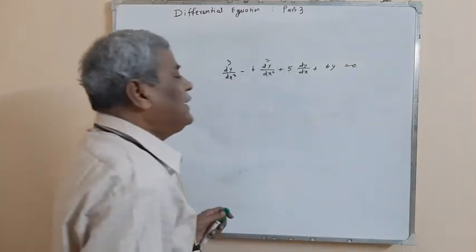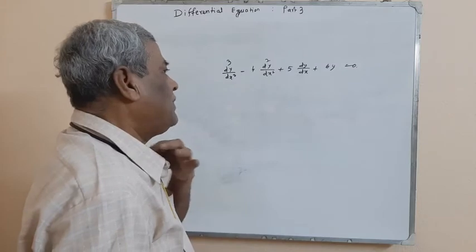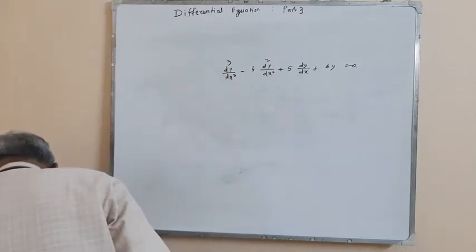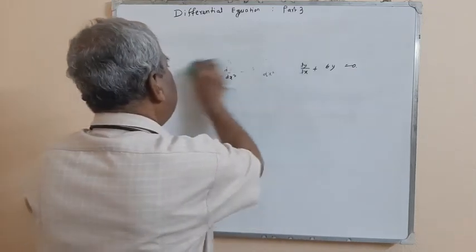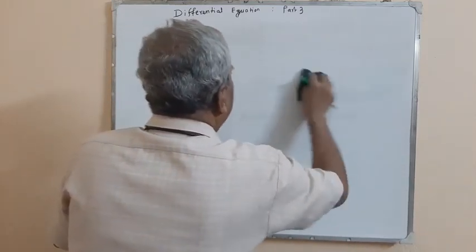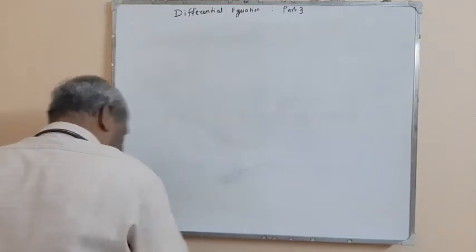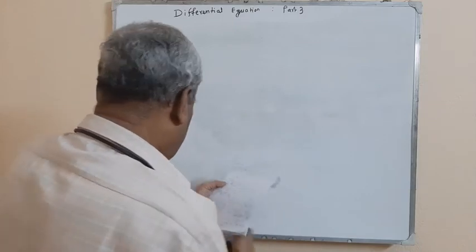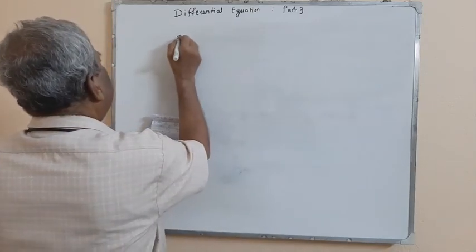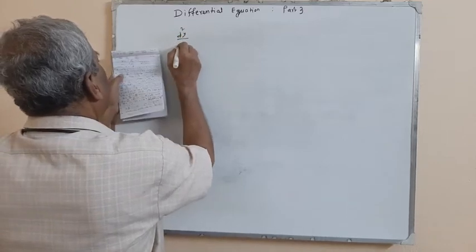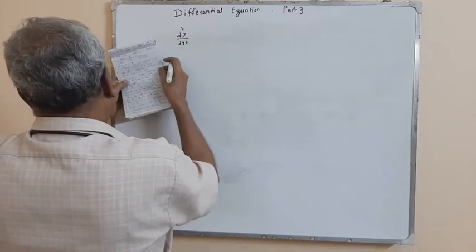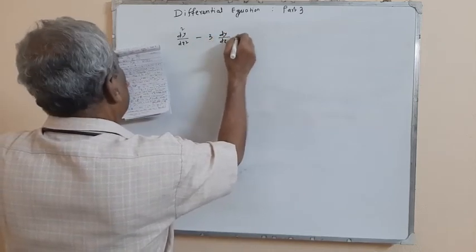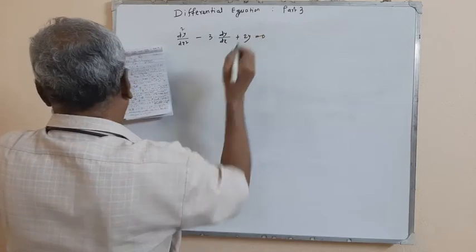Now, with the help of some problem, I discuss what is the method of its solution. Let us take the example d2y/dx2 minus 3 dy/dx plus 2y is equal to 0.